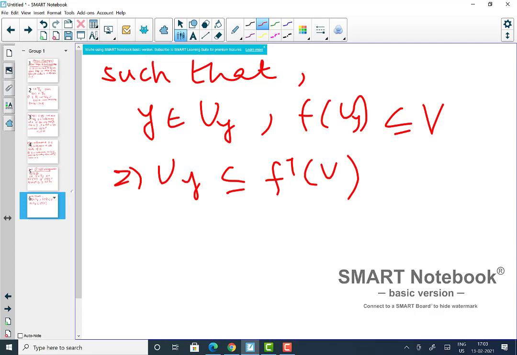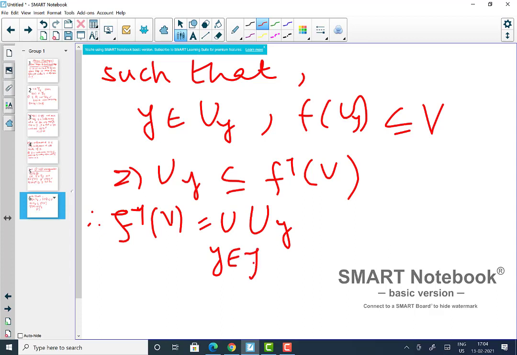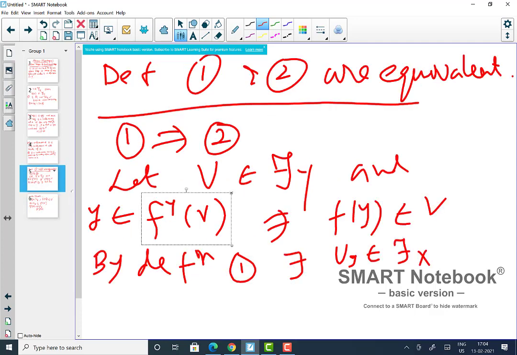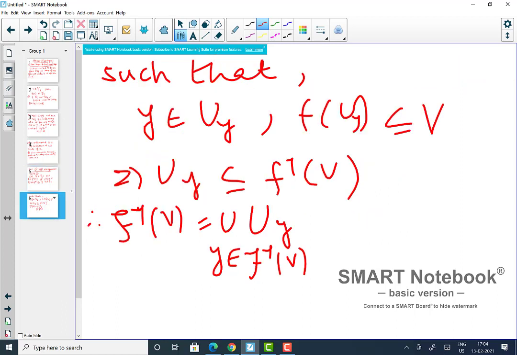Now if I vary all y belonging to f inverse V, then f inverse V you can write as the union of U_y, where y belongs to f inverse of V. I choose one element y and find an open set U_y; similarly, if you vary y in f inverse V, you will have other open sets contained inside f inverse V. The union of all such U_y has to be f inverse V, and done.